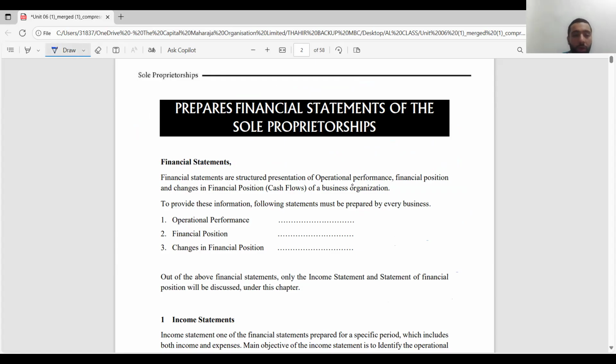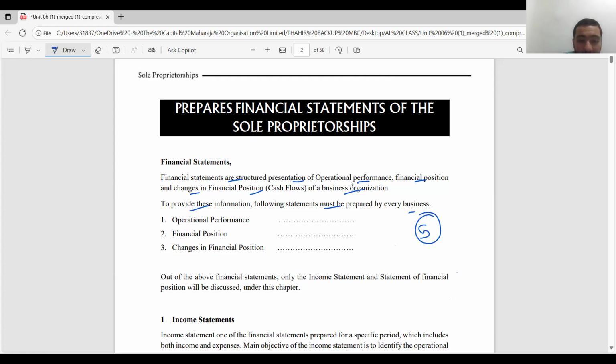Financial statements are a structured presentation of the operational performance, financial performance, and changes in financial position of a business organization. To provide this information, the following statements must be prepared by every business. Operational performance: out of the 5 statements, in which one do you calculate operational performance?